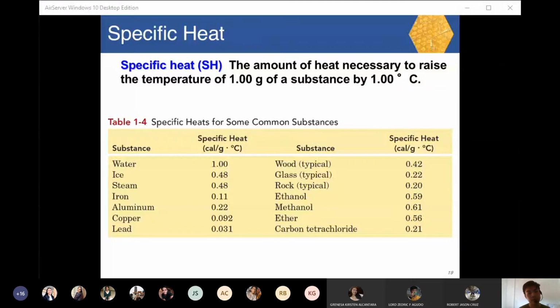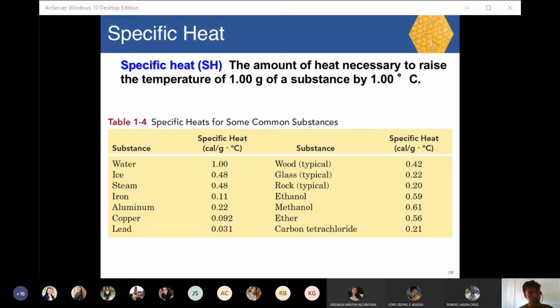Meaning lang nun, kunwari, I have 1 gram of this object. If I were to raise the temperature of this object by 1 degree, it requires heat. Ang tanong, gaano karaming heat yung kailangan ko ibigay para tumaas yung temperature? The answer there is the specific heat.